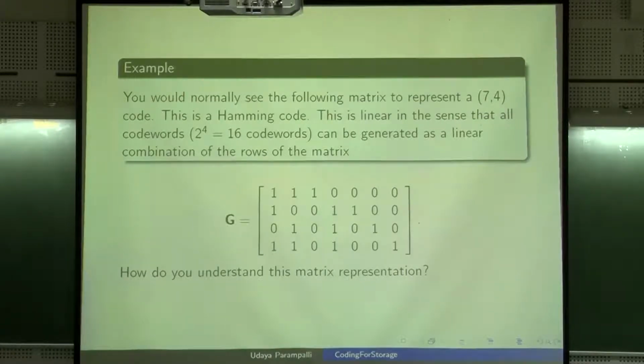But why did Hamming give this particular code? As you can see, there is another concept in coding theory, which is rank.